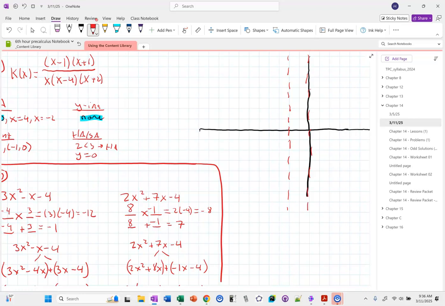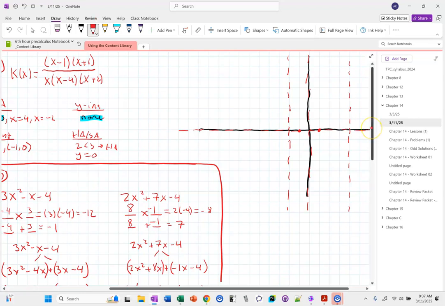And then +4. We have 1 and -1. And then we have y equals 0 as our horizontal.